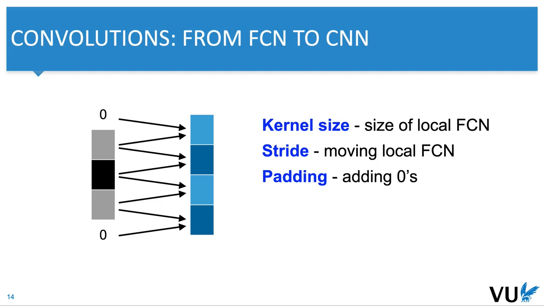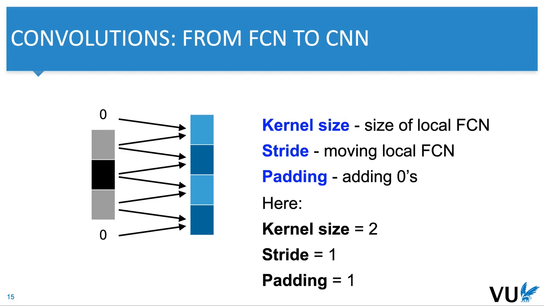If we want to jump by 2, so we don't process anything twice, then we have stride 2, and so on. If we add padding, if we add zeros, we have these artificial zeros at the boundaries. So these are the most important hyperparameters of a convolutional network of a single kernel. We need to specify them. And here in this example, we have kernel size 2, stride 1, and padding 1 on both sides.